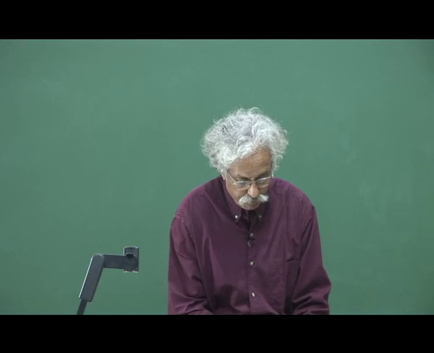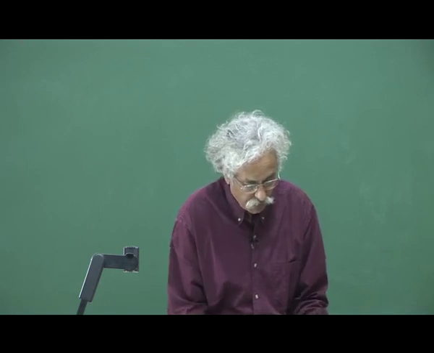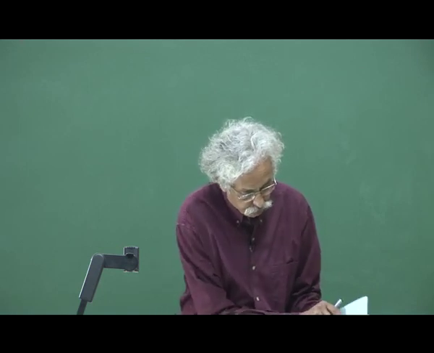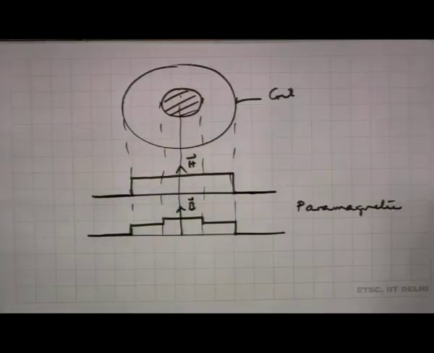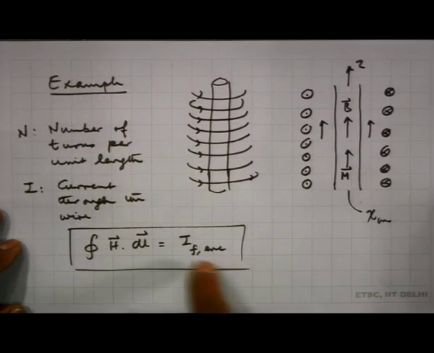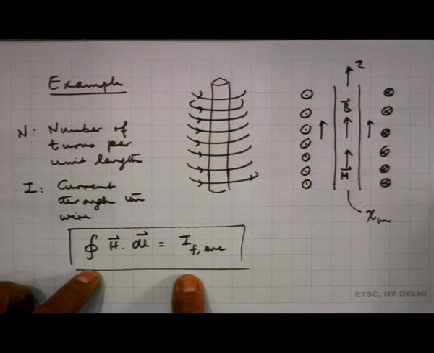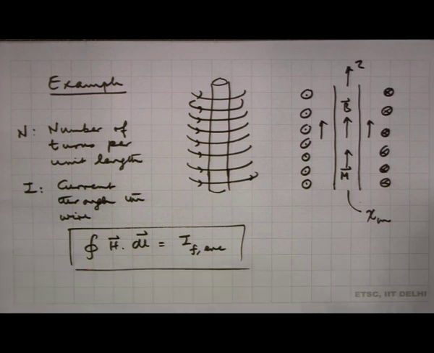So, this form of Ampere's law which we have been able to write down is a very useful form, and it can help us to solve a large number of problems.